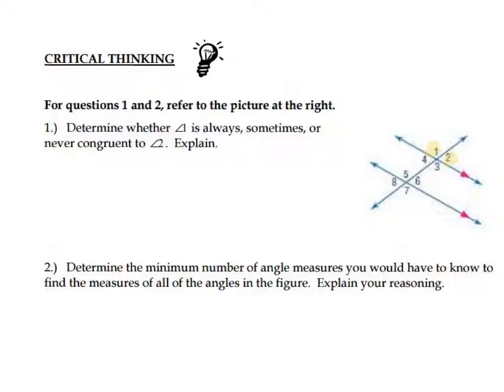But angle 1 and angle 2 do form a linear pair, which means they sum to 180. And there is a chance that they could both be 90-degree angles, in which case, since 90 plus 90 is 180, they could sometimes be congruent. So I'm going to say sometimes.